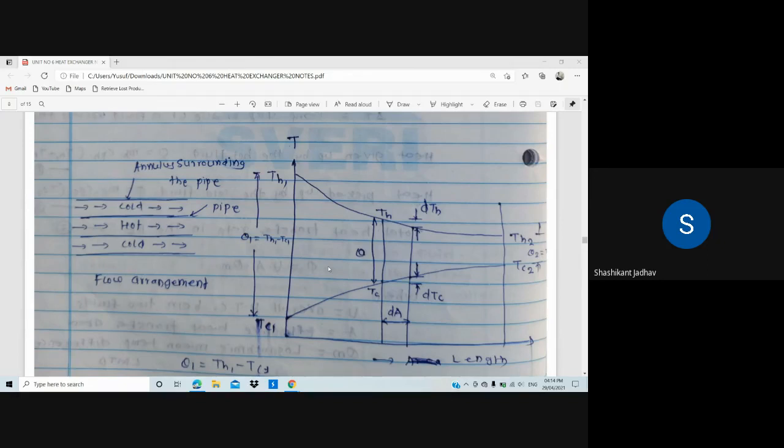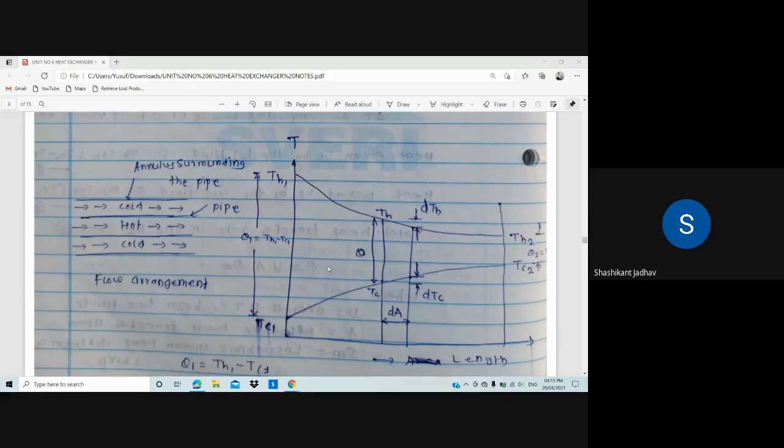So now we have to find out the LMTD for the parallel flow heat exchanger and LMTD for the counter flow heat exchanger. म्हणजे जे काय लॉग मीन टेम्परेचर डिफरन्स जे काय इक्वेशन आहे ते आपण पॅरलल फ्लो साठी फाइंड आउट करणार आहे. Then we have to find out the LMTD equation for the counter flow heat exchanger. Okay. So all of you write down the next heading, that is LMTD for heat exchanger.